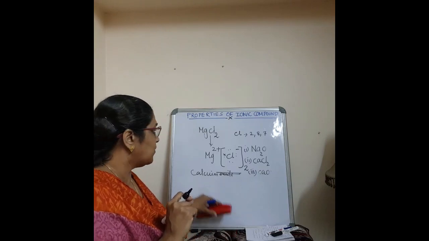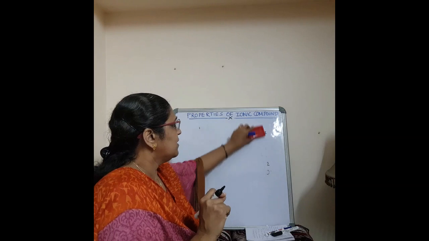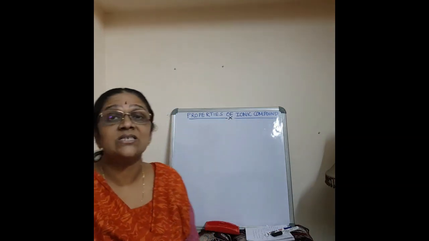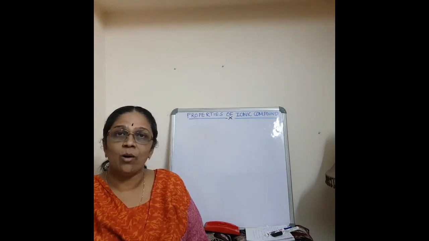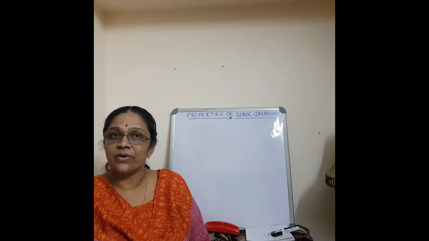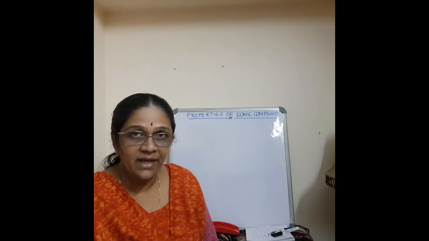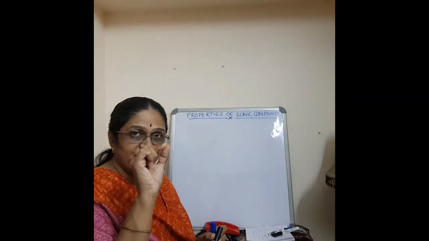Okay. Now, we were discussing the ionic compound, right? Ionic compound or electrovalent compound. So how will you define an ionic compound? An ionic compound or electrovalent compound can be defined as a compound formed by the transfer of electrons. The main point is transfer of electrons.